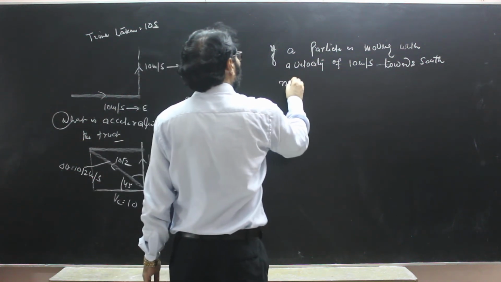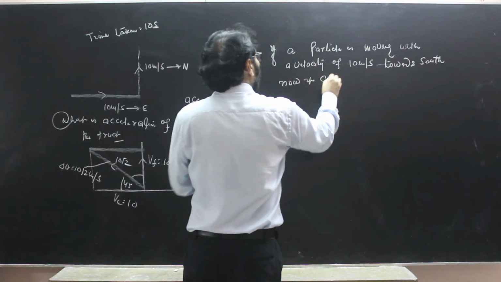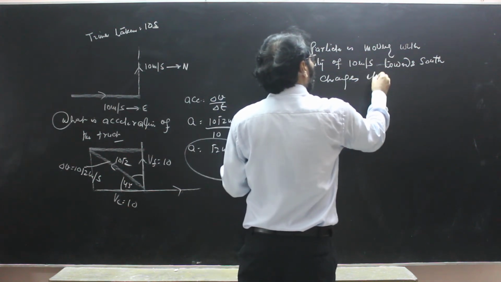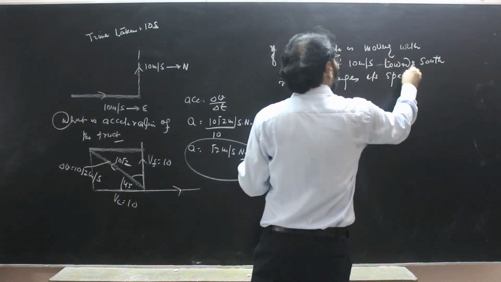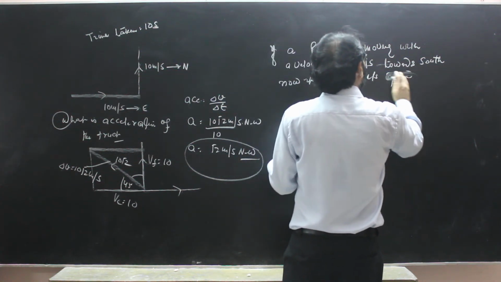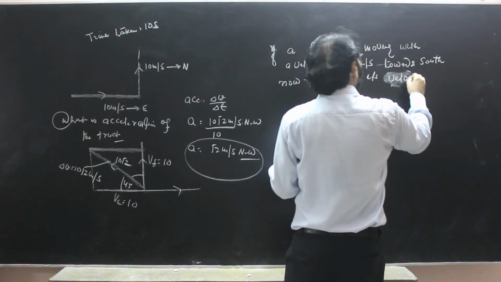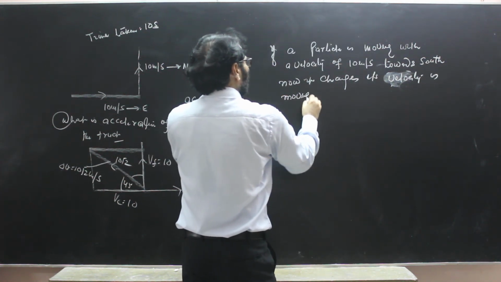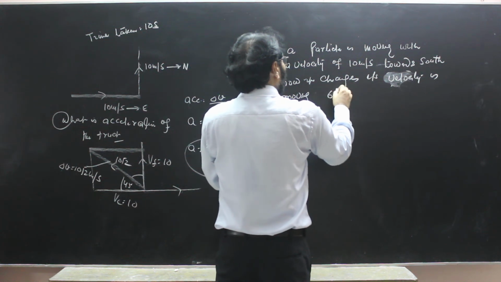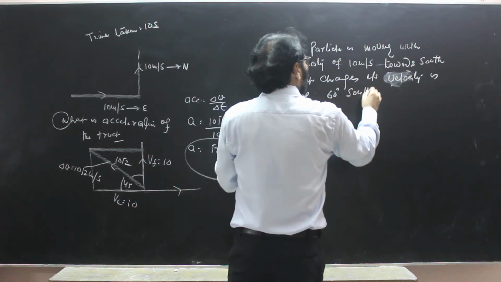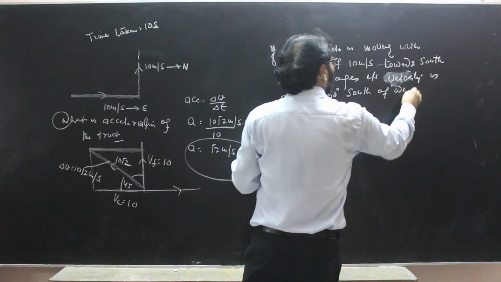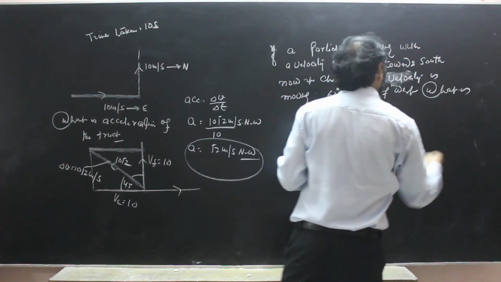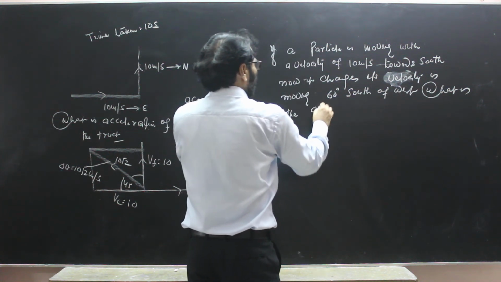Now it changes its velocity, and is moving 60 degree south of west. What is the change in velocity?